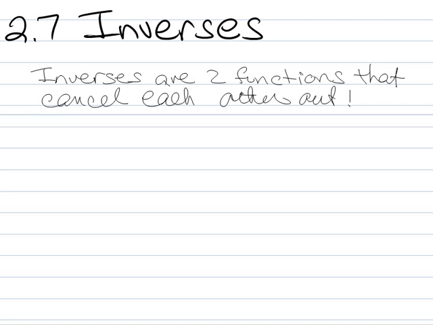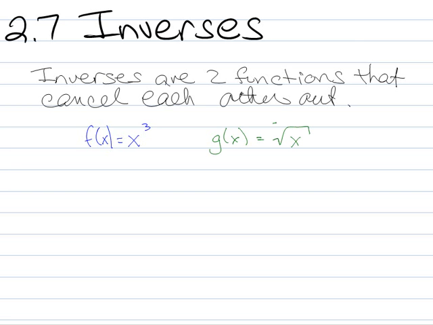So, for example, one function might be x cubed, and another function might be the cube root of x. So x cubed and cube root of x would kind of cancel each other out.